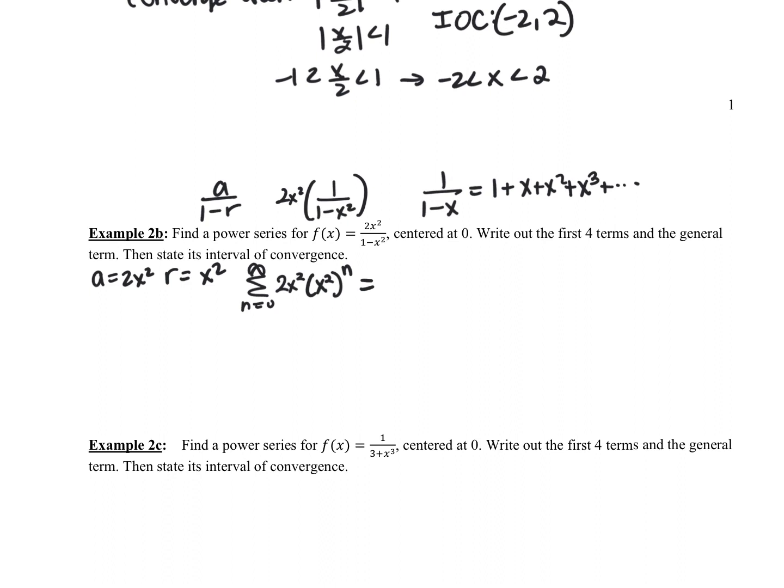So if we plug in 0, we'll have 2x squared times x squared to the 0, plus 2x squared times x squared to the first, plus 2x squared times x squared to the third, plus 2x squared times x squared to the fourth.